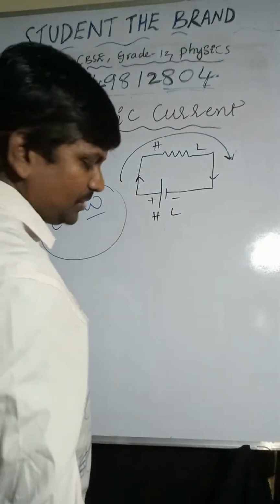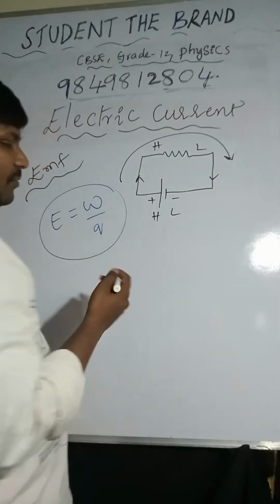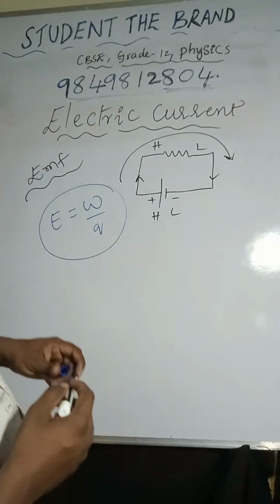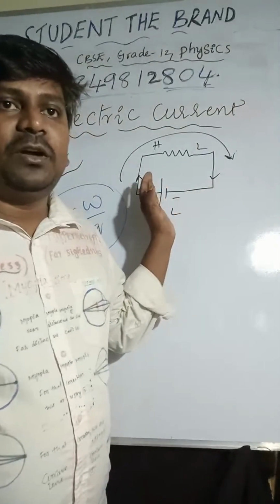So 1 volt equals 1 joule of work done to bring 1 coulomb of charge from negative terminal to positive terminal.